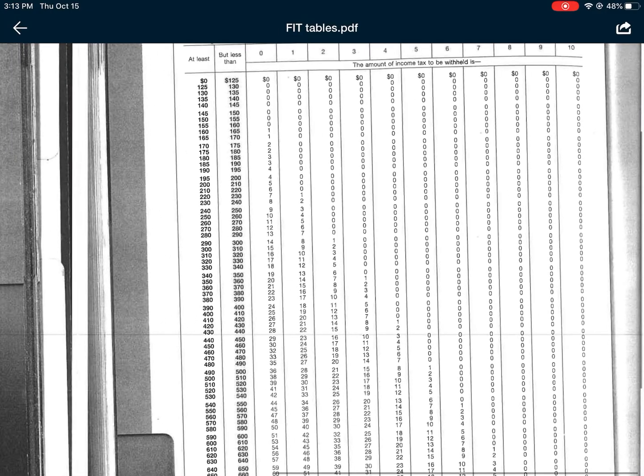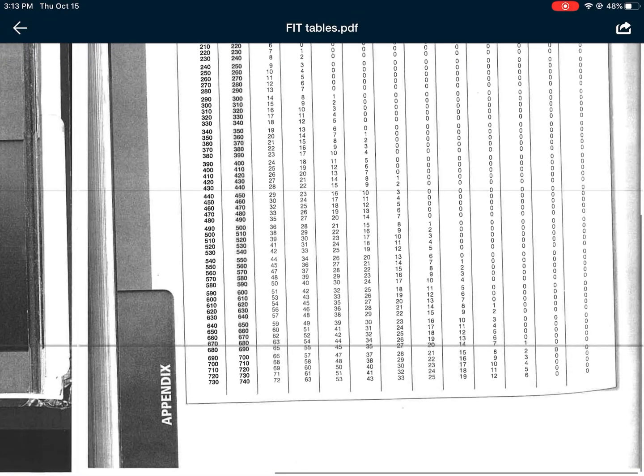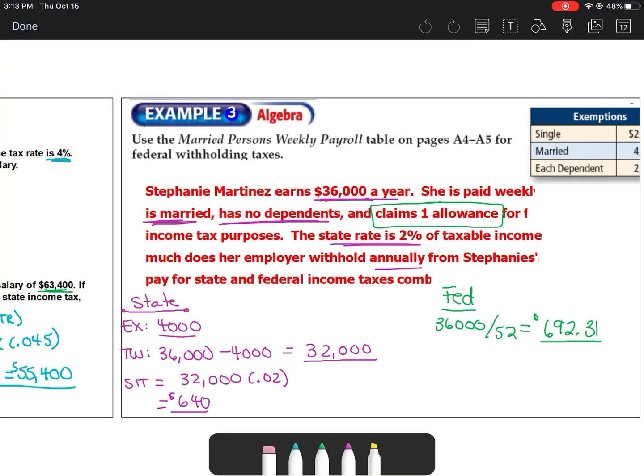So she is married, and she made $692. So $692 is here, and she claimed 1, so that would be 57. Okay. So $57 is how much she gets removed for federal income tax per week.